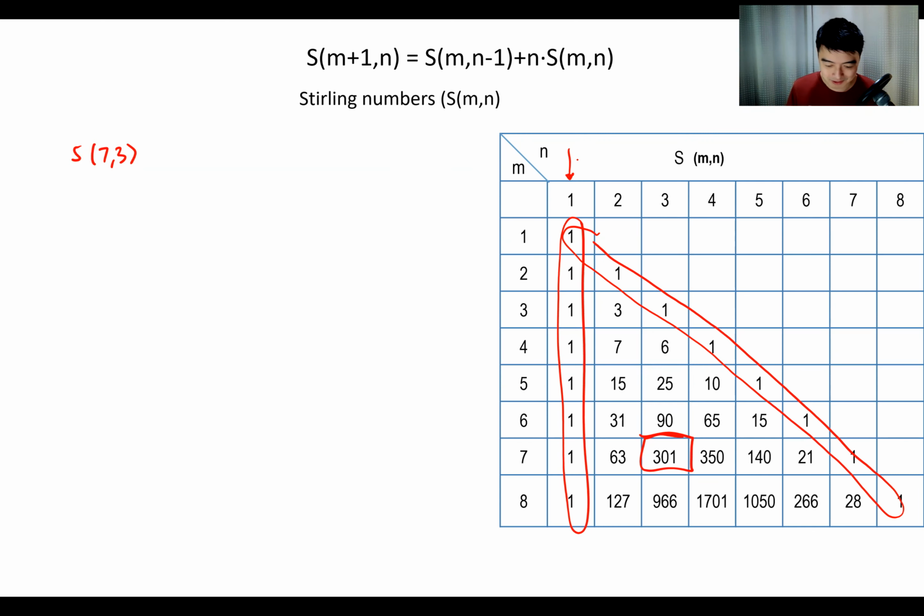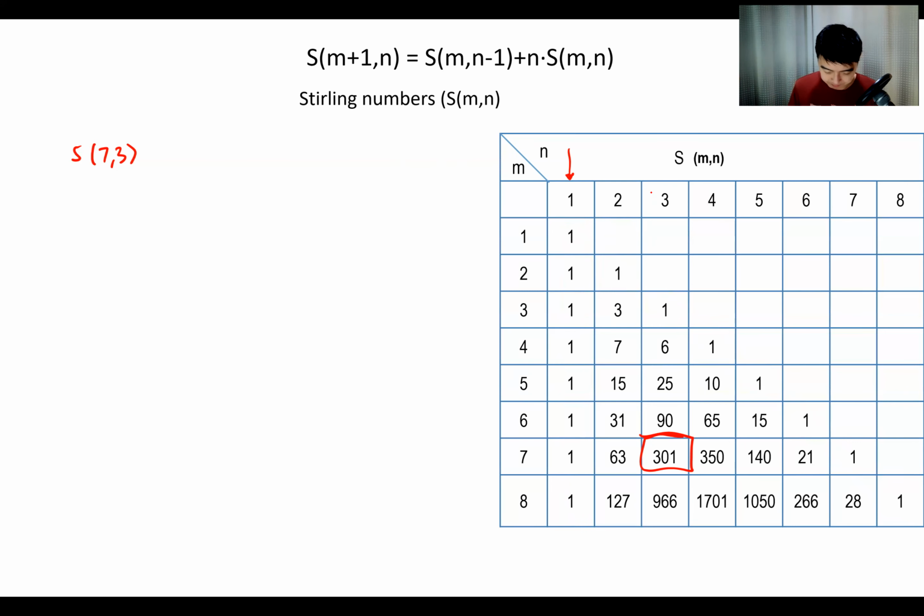Again, we have one way because you just put one object into each box. I want to be clear that these boxes are identical, so it doesn't matter which box you put it into.